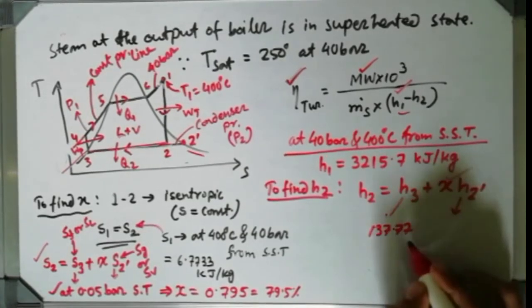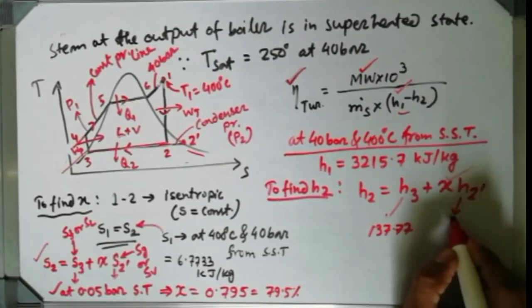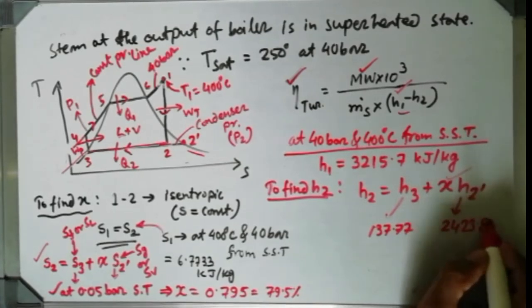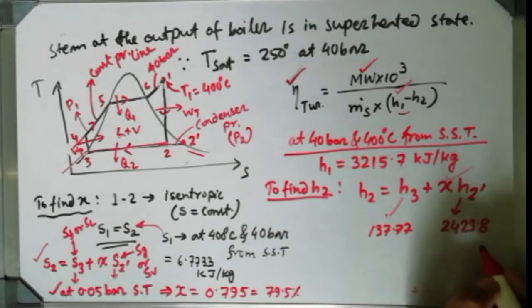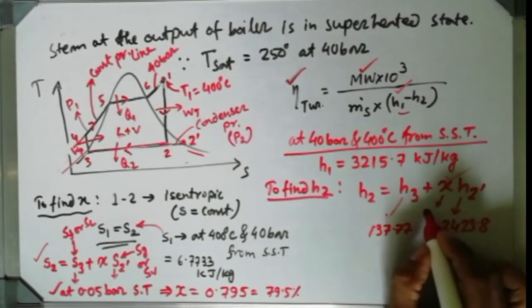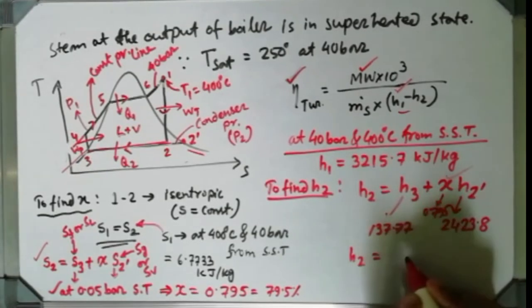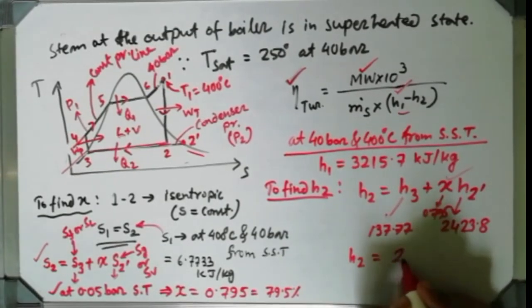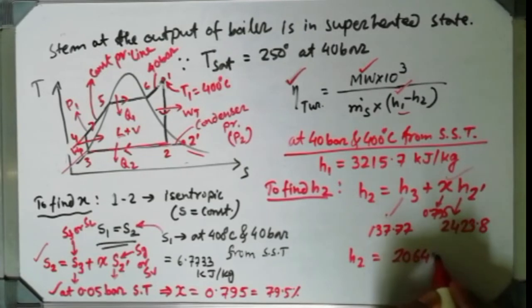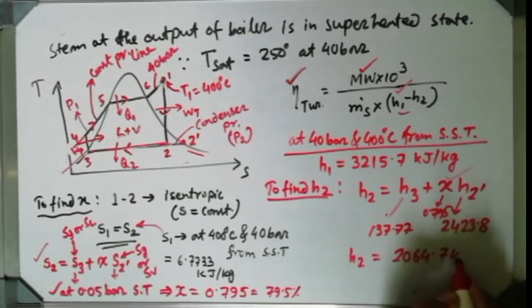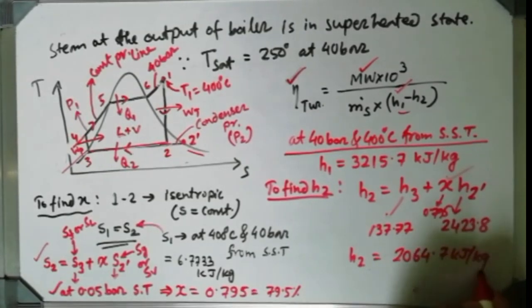X value is 0.795 and H2 prime I am getting 2423.8. So putting all these values down, I get the value of H2. After putting all these values, H2 is coming 2064.7. Unit will be kilojoule per kg.